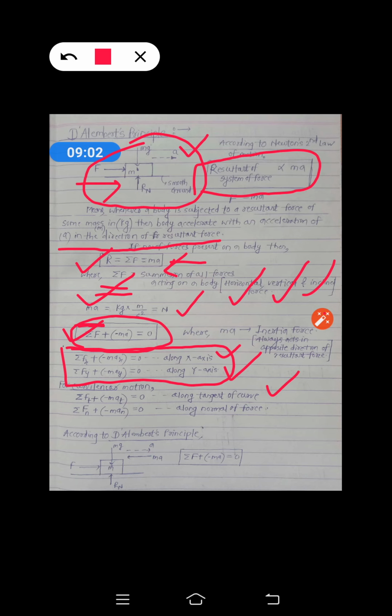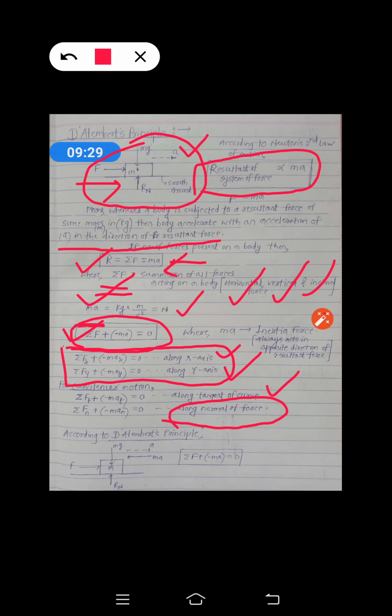Similarly, if you take the forces along the normal direction, your equation becomes summation of f of n plus in bracket m a suffix n is equal to 0. Here an means acceleration along the normal to the curve. I think you are clear on this.